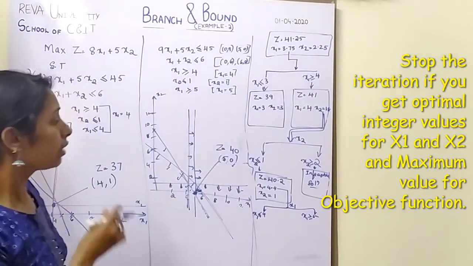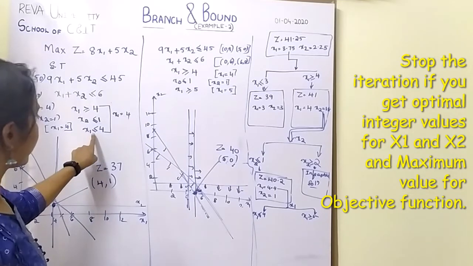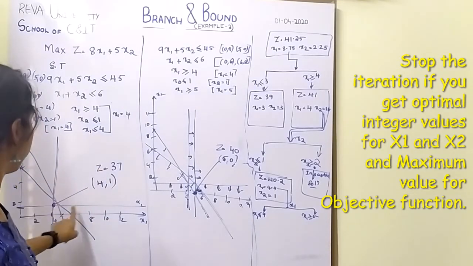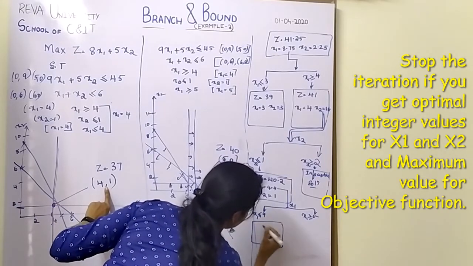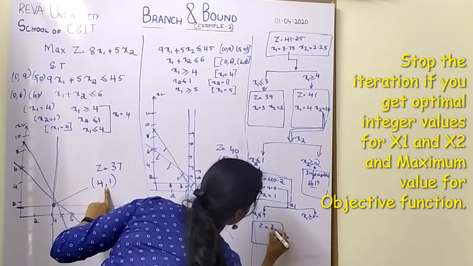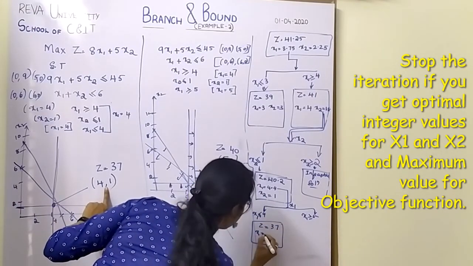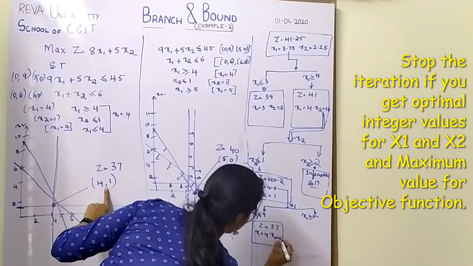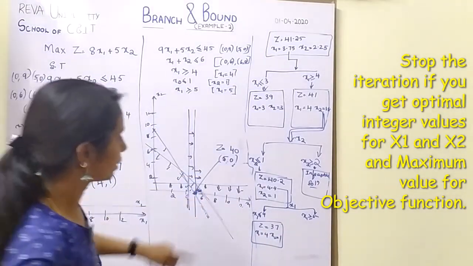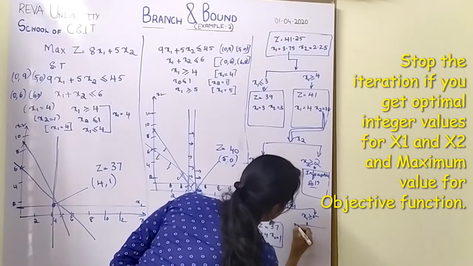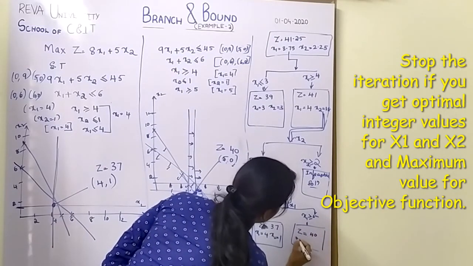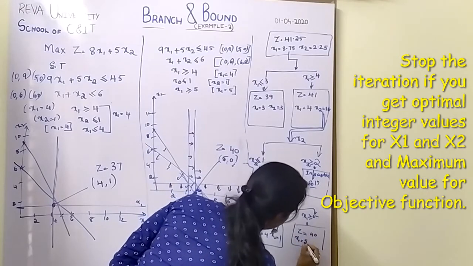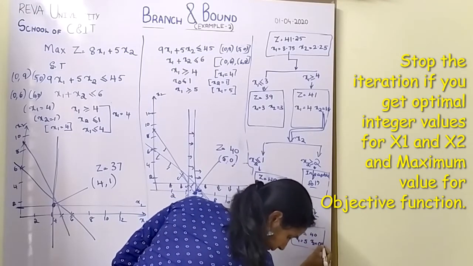Okay. Now if I consider x1 less than or equal to 4, I will get only this point, where z is equal to 37, x1 is 4, x2 is 1. And if I consider this constraint, here z is equal to 40, x1 is 5, x2 is 0.